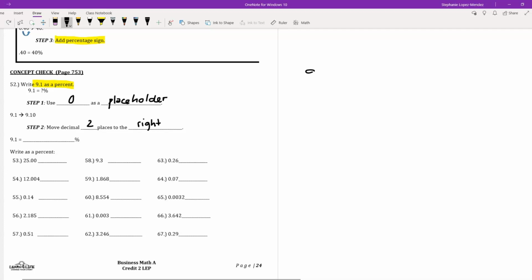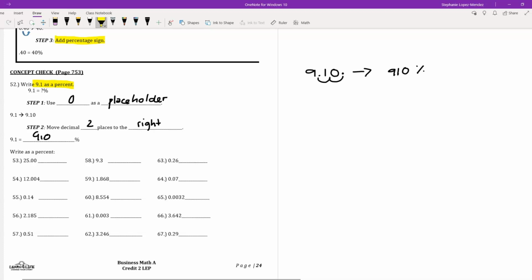So if we have 9.1, I am going to add the 0 as a placeholder and now move the decimal 2 times to the right. So instead of having 9.1, I now have 910%. So this is my answer right here.